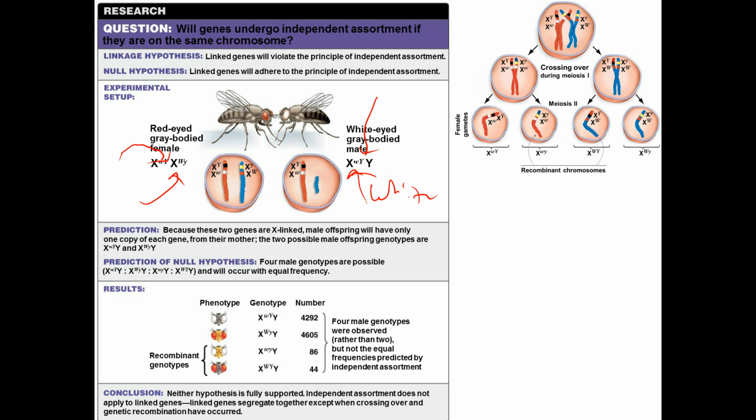Looking at the possible offspring, looking at the male offspring only that are produced out of this cross, you end up with gray-bodied, white eyes, which is parental. Gray-bodied, red eyes, which is again a parental phenotype.